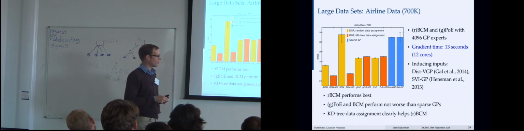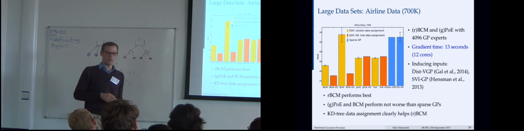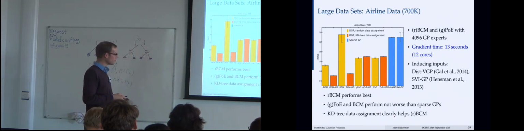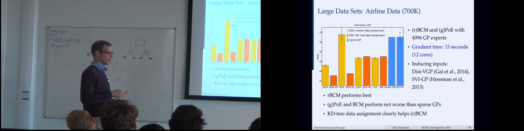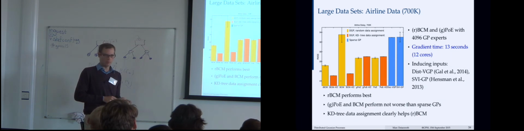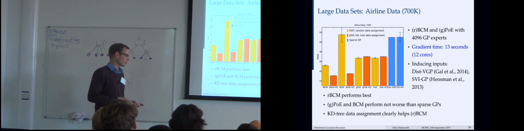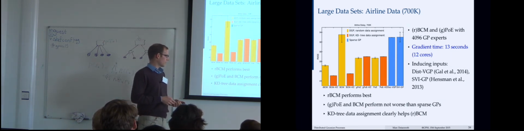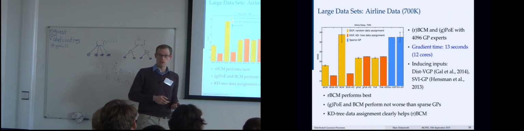I don't know why exactly that didn't make much of a difference, but at least for the BCM-based models, that really helped. So I would say that's a good idea to do if you can.